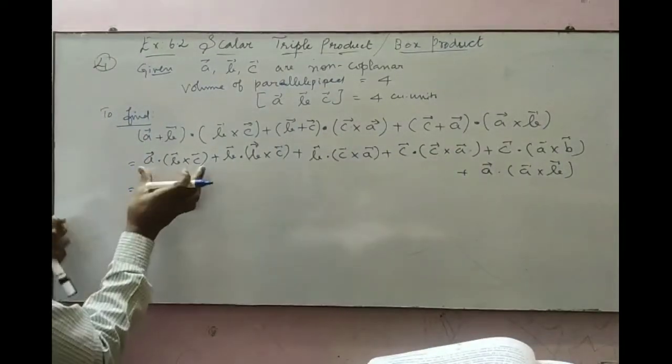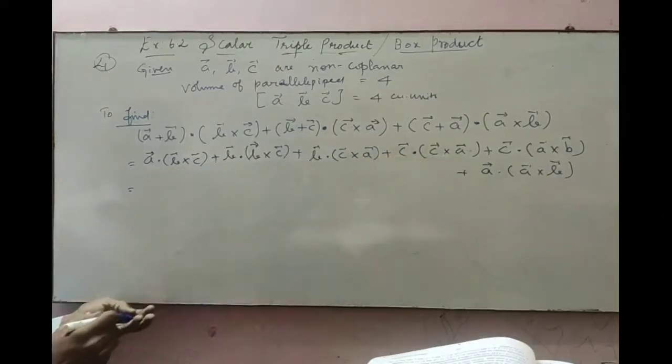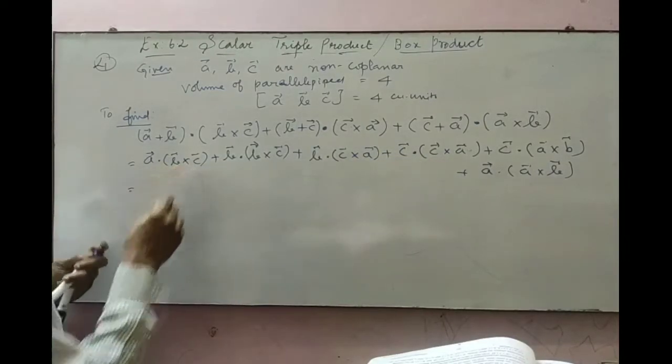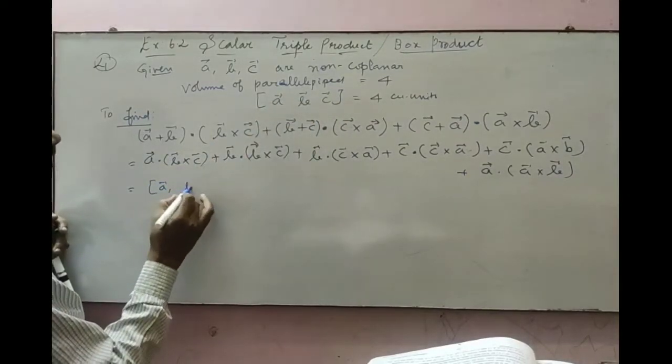So this is in the form of scalar triple product. In scalar triple product, A dot B cross C, you can write this as the box product of A, B, C.